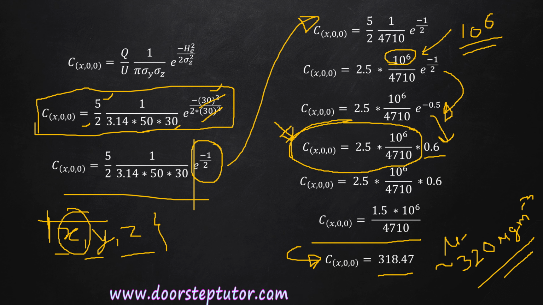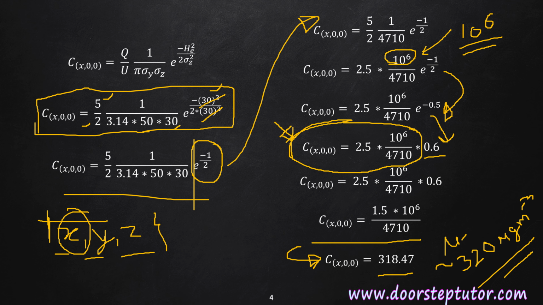So in this question what you have to do is see what directions they have asked, that is, whether they have considered only x, or x, y and z in every coordinate, or they are asking only for the x direction. Apart from that, it's a very simple question, you can easily solve it.